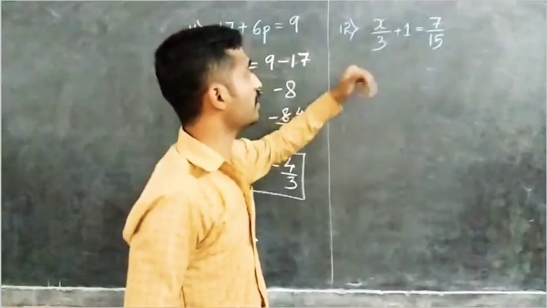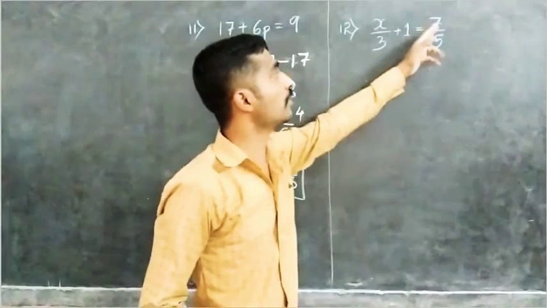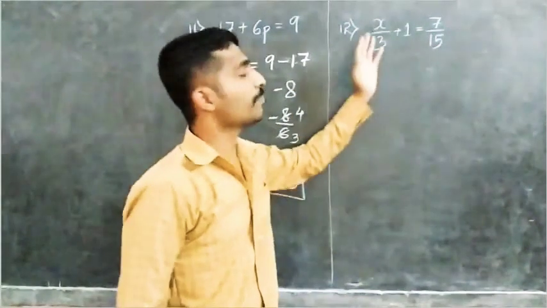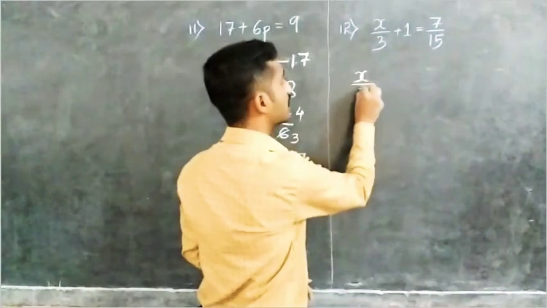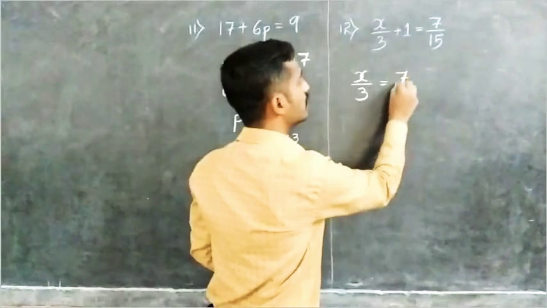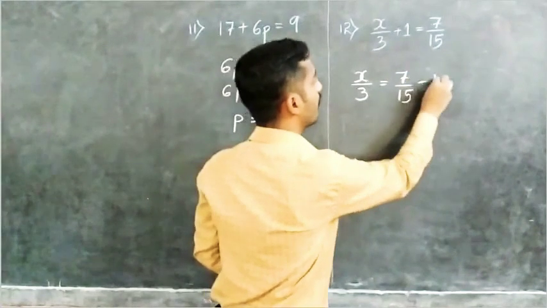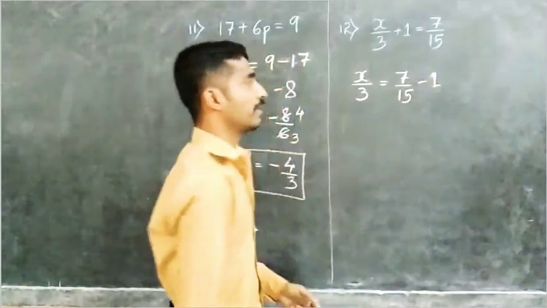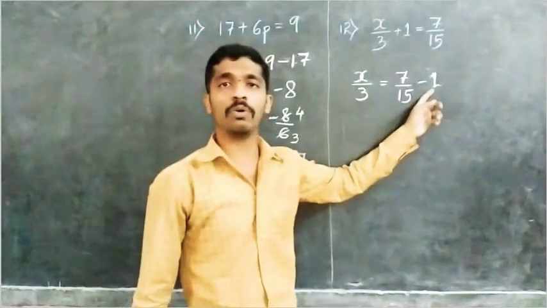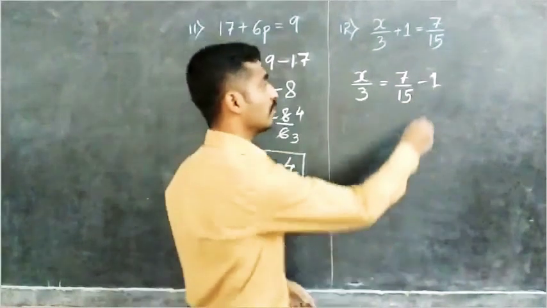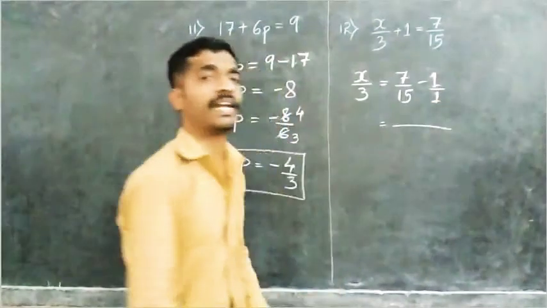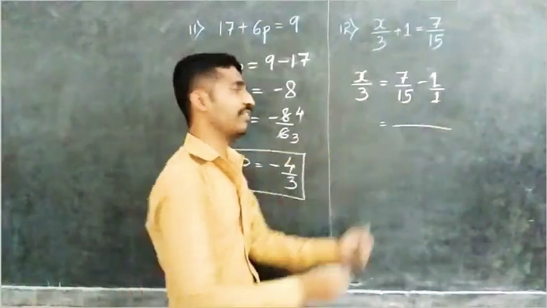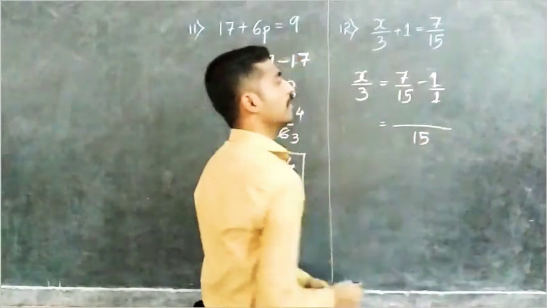Next, coming to the 12th problem. Here x by 3 plus 1 equal to 7 by 15. Take plus 1 to right side. That becomes minus. So x by 3 equal to 7 by 15 minus 1. Okay, so here 1, it is a whole number, so write it in fraction. So 1 becomes 1 by 1. So taking the LCM of 15 and 1, because denominators are different, that is 15.